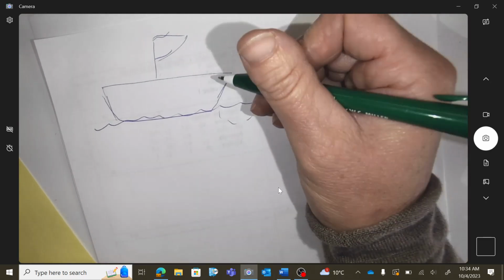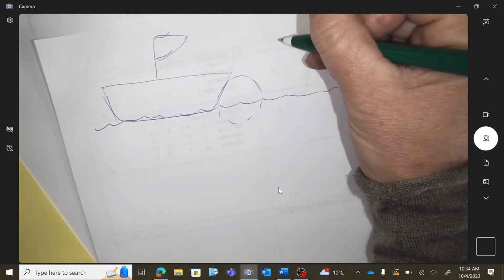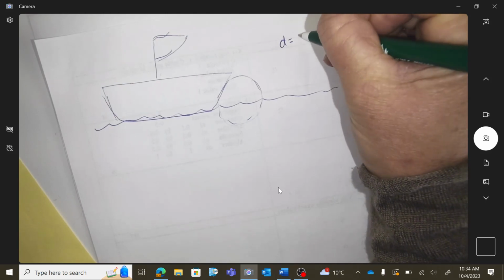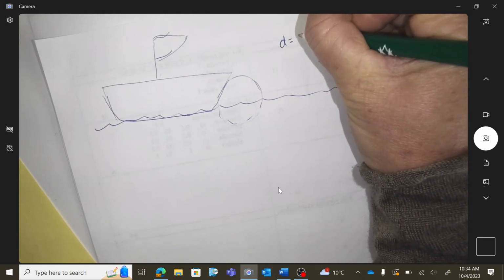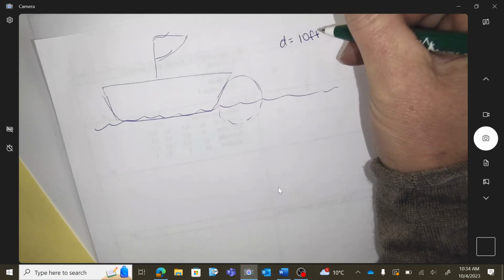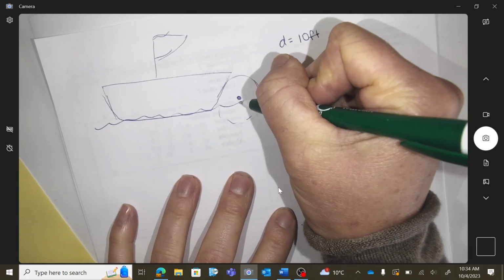I'm going to give you some criteria here. Let's say this wheel is, what's the diameter of that wheel? 10 feet wide.